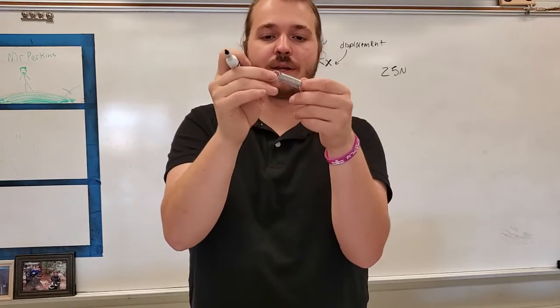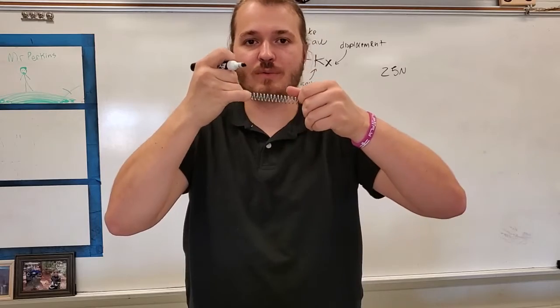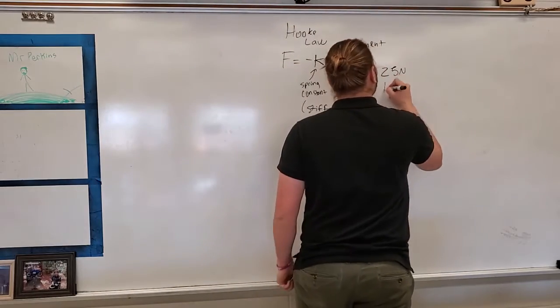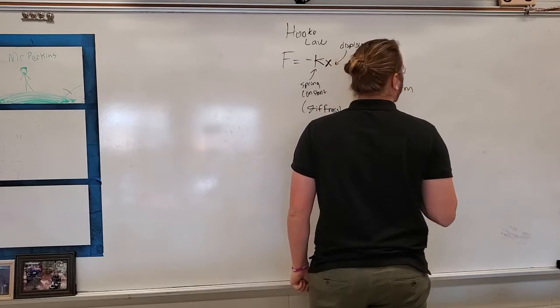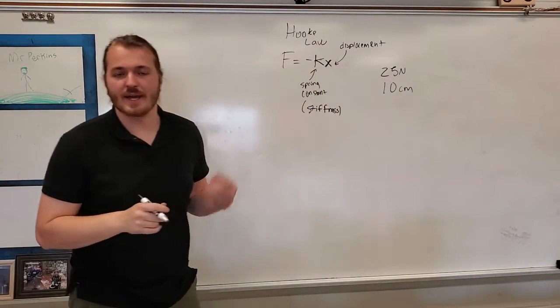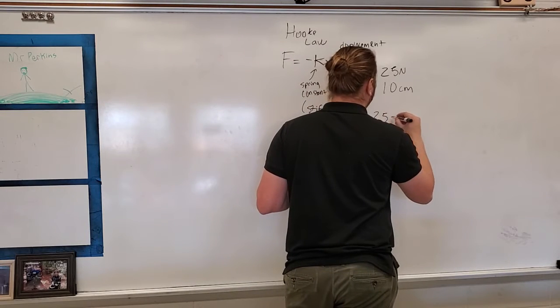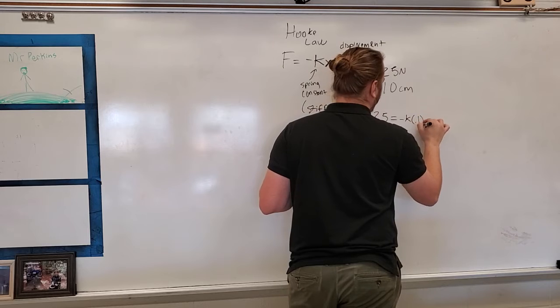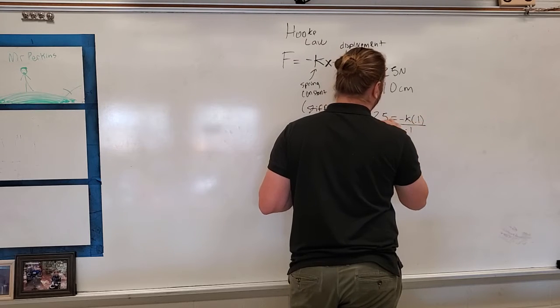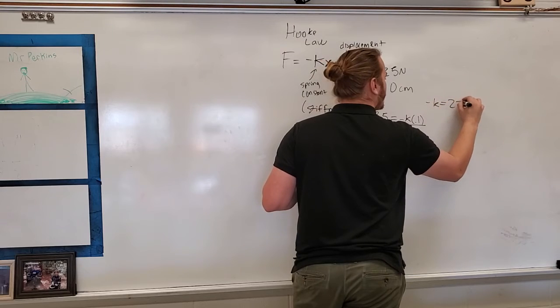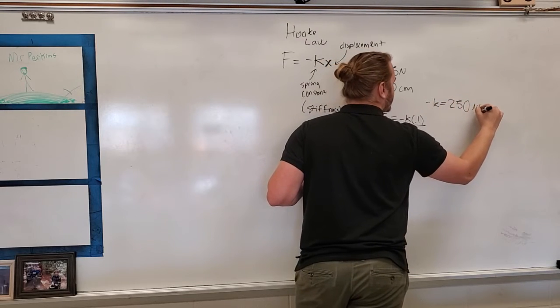So we pick a point and we see how far away it goes from the resting point. We'll call that 10 centimeters. What is the spring constant? How stiff is the spring? Very simply, we put 25 is equal to negative k times 0.1. So you divide by 0.1 on both sides. Our negative k is then equal to 250 newtons per meter.